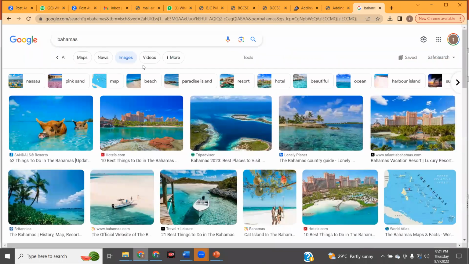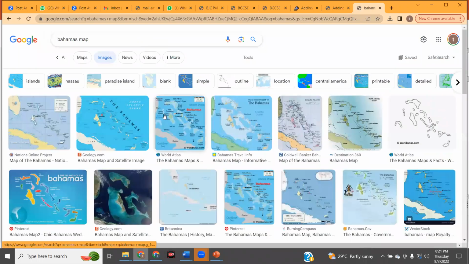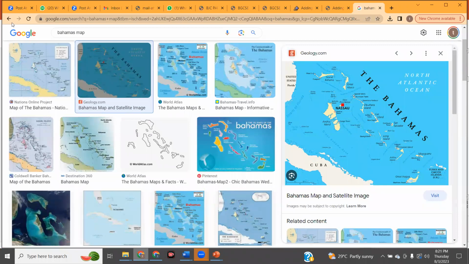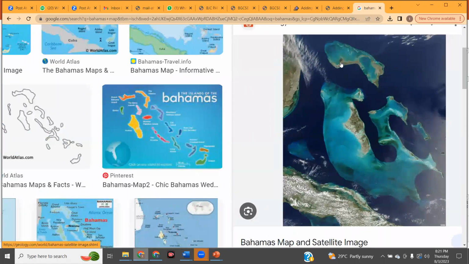Look at us. Now the Bahamas map. If you look at this, look at all these islands. That's why we call it archipelago.